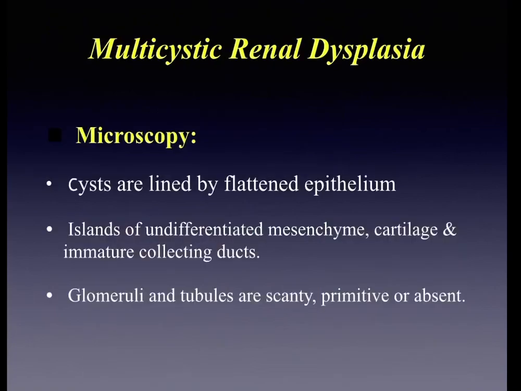Now coming to the microscopy in multicystic renal dysplasia, these cysts are lined by flattened epithelium. Apart from the cystic spaces, we can find islands of undifferentiated mesenchyme, cartilage, and immature collecting ducts. As far as the glomeruli and tubules of the nephron are concerned, they are either scanty, primitive, or sometimes completely absent.